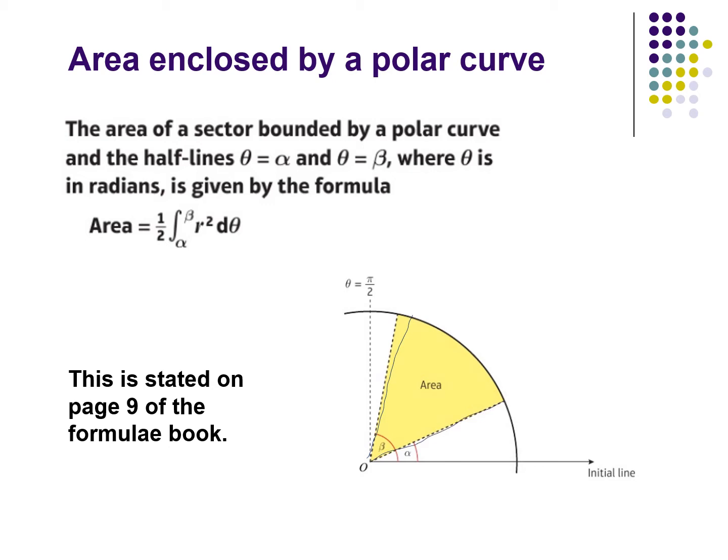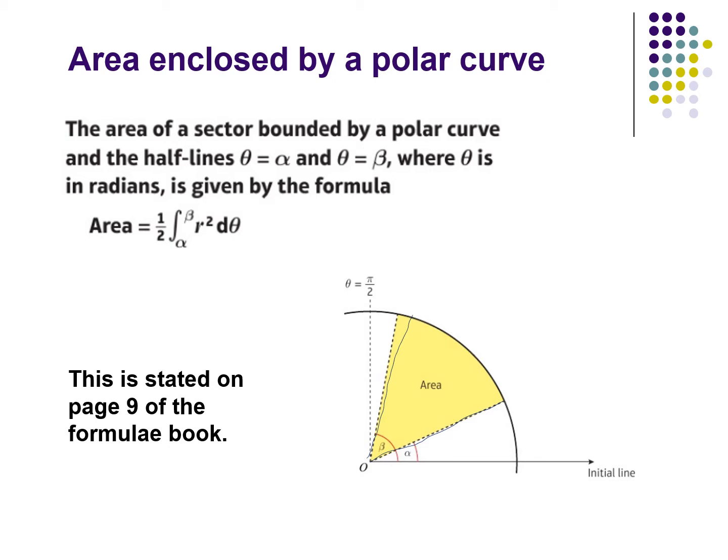So when you're looking to see what your limits are going to be, you're thinking about lines or half lines that come out from the pole and go out and meet the curve. It gives us little sectors of our polar curve. That's the difference you must think about when you're doing integration for polar curves.